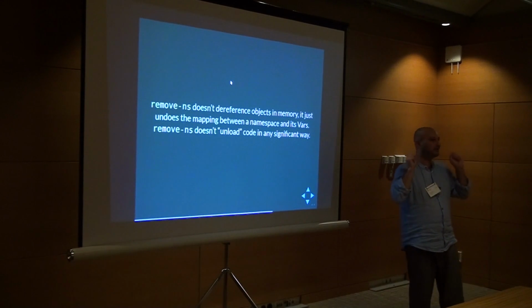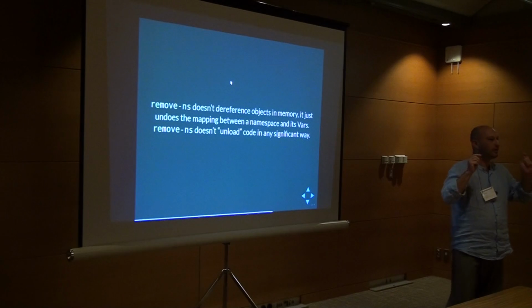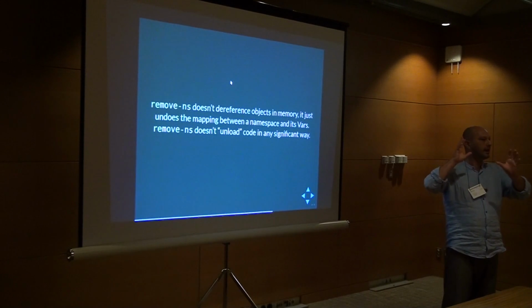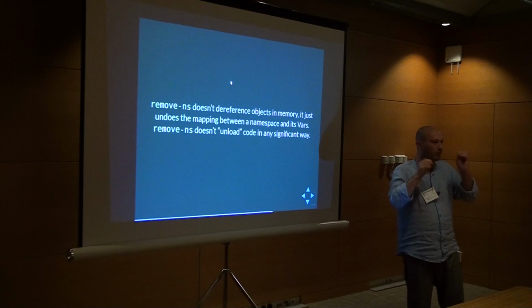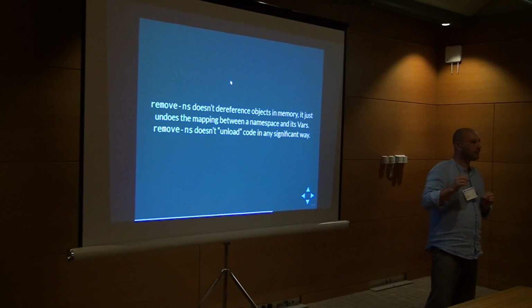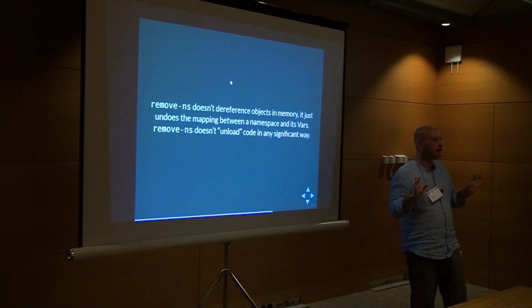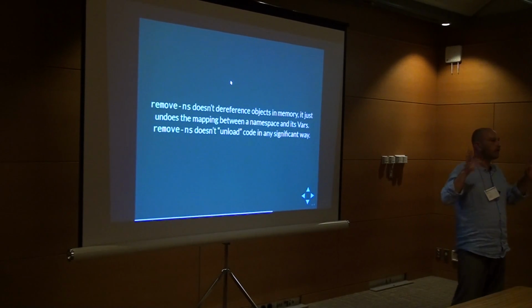But what it actually does is, when you create a namespace, it creates an entry in a hash table. It's just a mapping, and when it removes the namespace, it just removes that entry from the hash table, and that's it. There is absolutely no meaningful unloading of code.